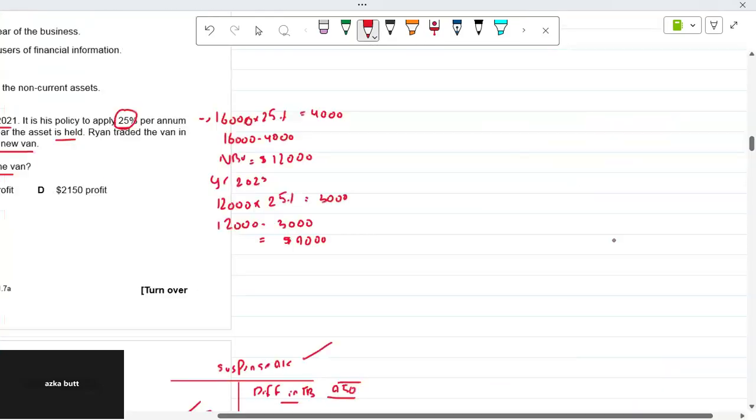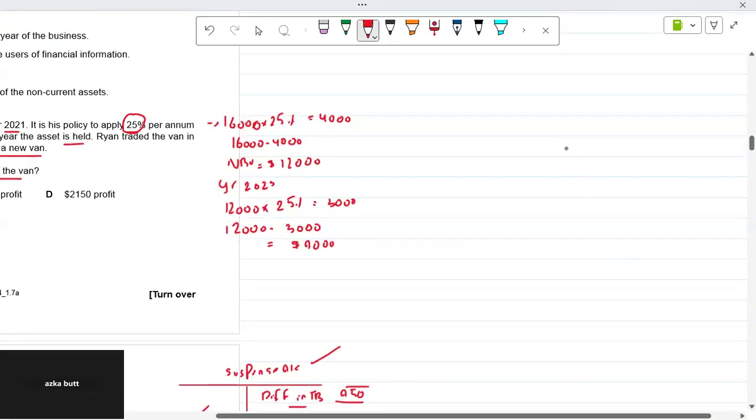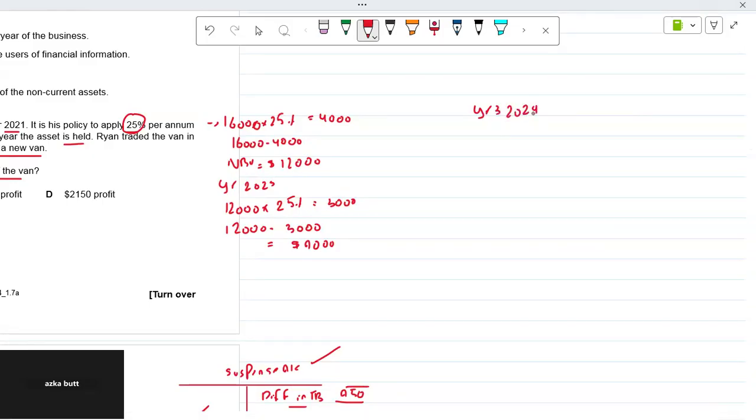Okay. And in year three, 2024, depreciation for part of the year, 1st January 2024 to 1st July 2024. This is basically equal to 6 months. Okay. So it means that now we will find out the depreciation for 6 months only.